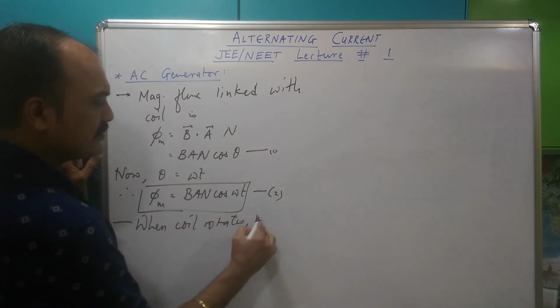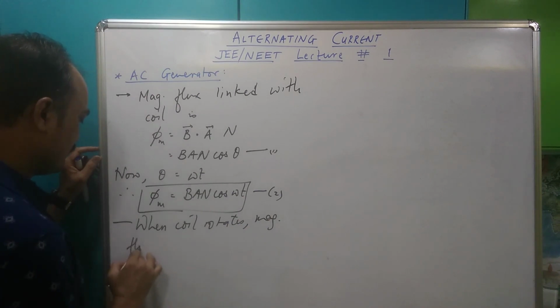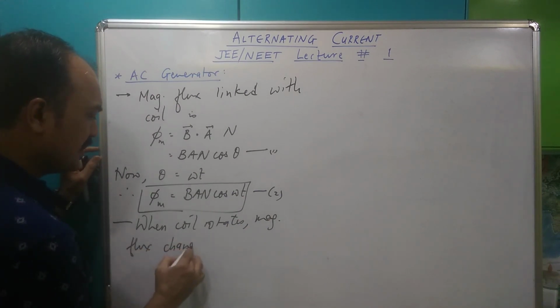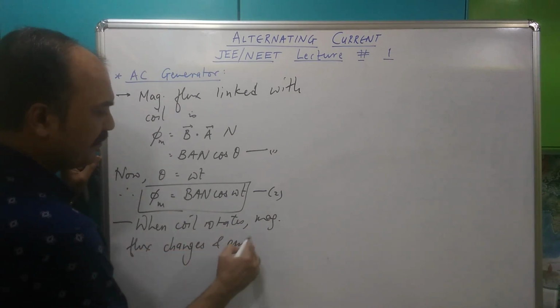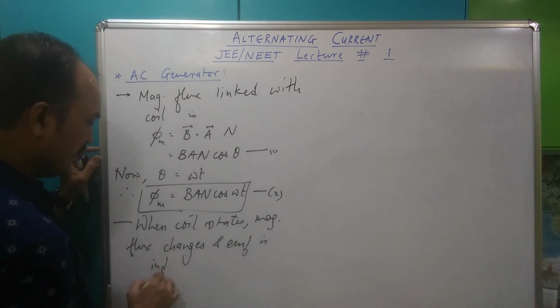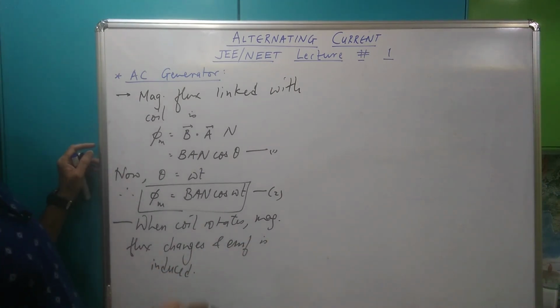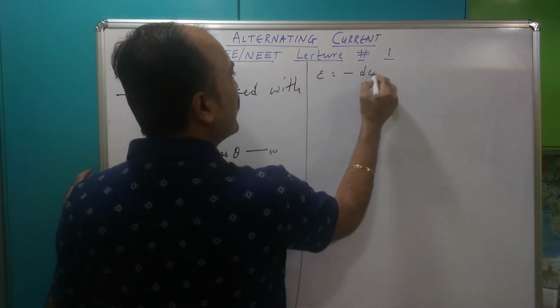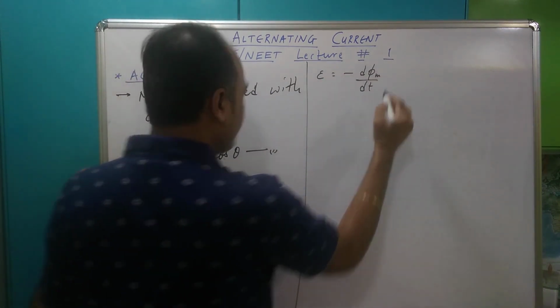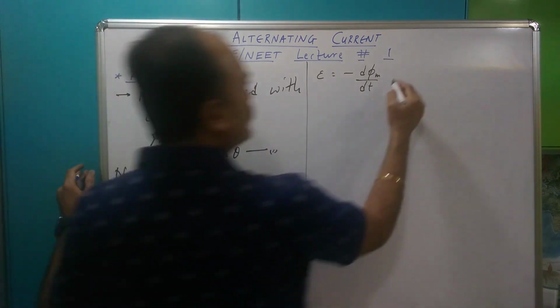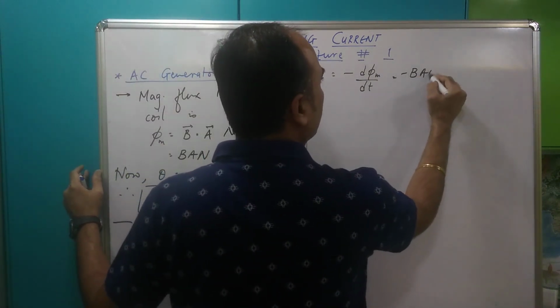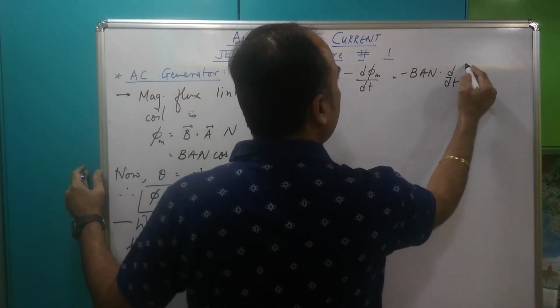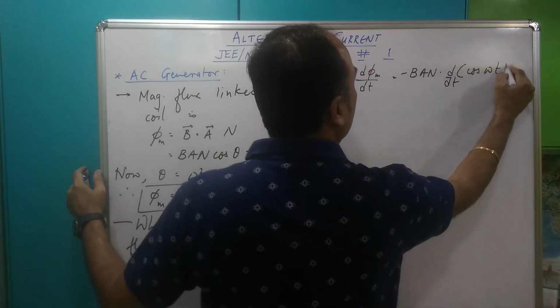Now, important equation this: when the coil rotates, magnetic flux of course changes, and EMF is induced. EMF induced, epsilon is minus d phi m by dt. Now this BAN comes out, and d by dt of cos omega t.